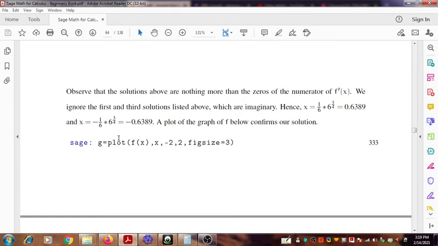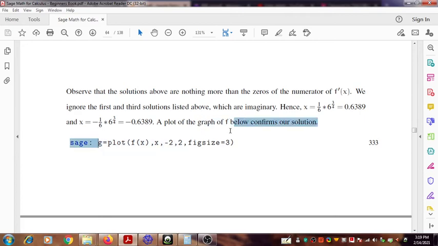We write the command g equals plot of f(x) comma x, then -2 2, and then figure size equal to 3.